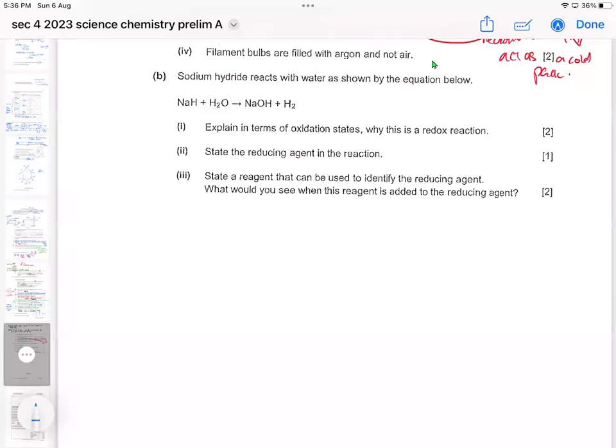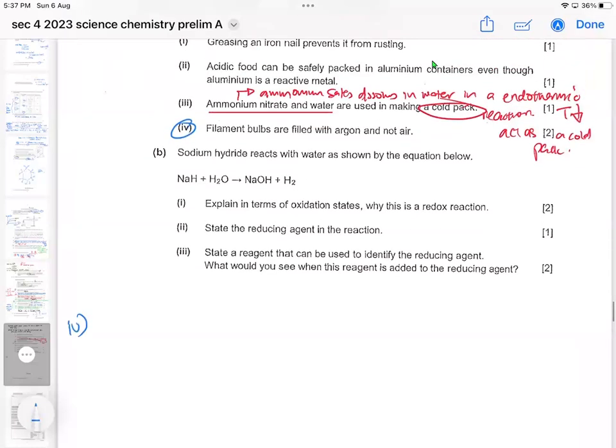Okay, let's go to filament IV. So the purpose of this is a noble gas. We will say that argon actually provides what we call an inert environment. This basically means an unreactive environment.